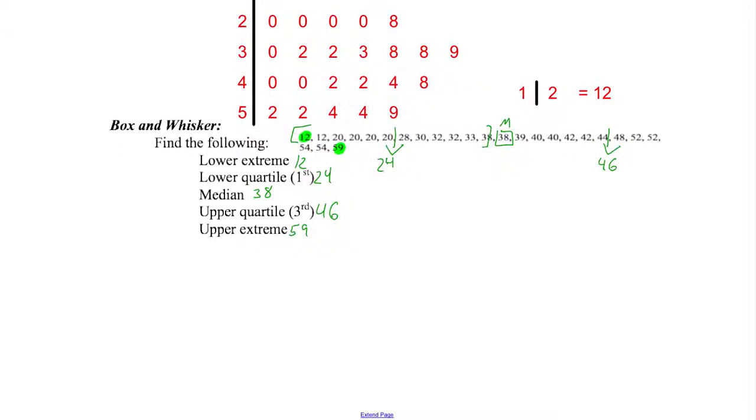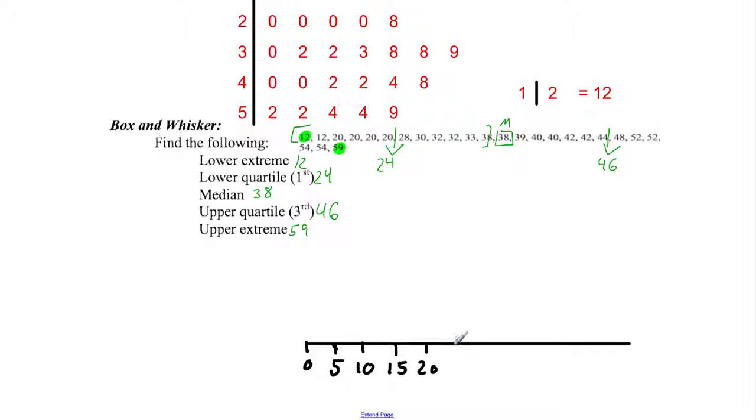Okay, so now I'm ready to make this box and whisker plot. First I'm going to draw an x-axis. The box and whisker plot actually has one dimension, even though it looks like it has two. I'm going to start by making my intervals. It doesn't really matter what we count by. I'm going to count by 5s just because I have a range that goes from 12 to about 60.